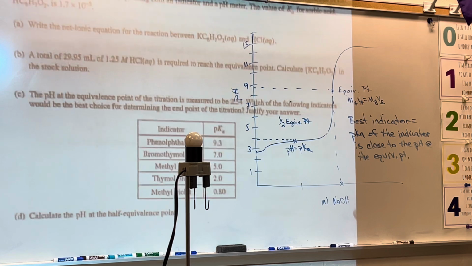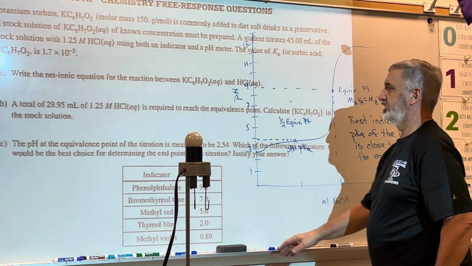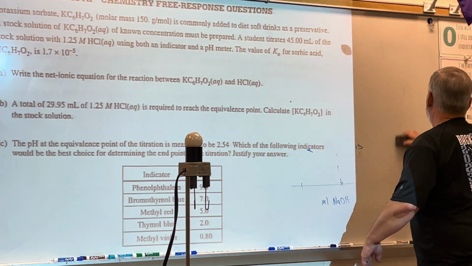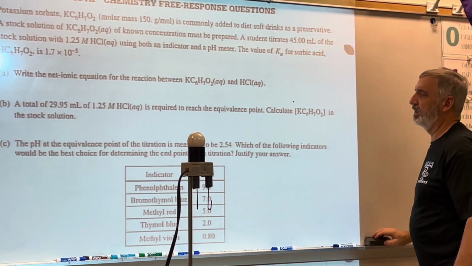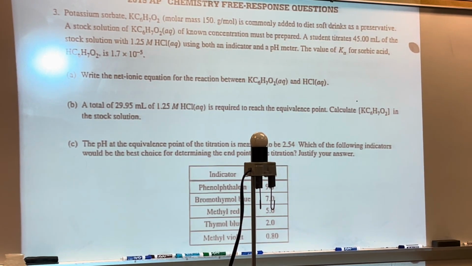So let's look at 2015. It's like 3 or 4 pages in. Oh, really?